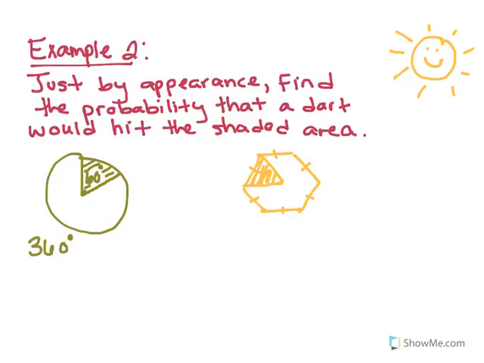So the desired outcome is 60 degrees, and the total degree measure is 360 degrees. We just simply have to use our calculators here to determine this, and what we get is 1/6. So that would be my probability, just based off of the information given.